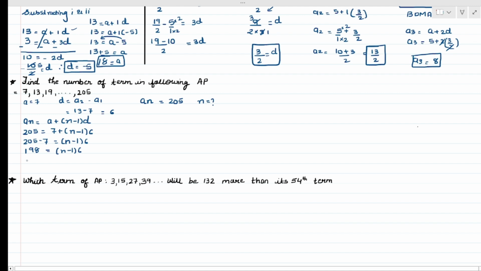Now 6 is in multiplication, so it will go in the denominator. 198 divided by 6 gives you 33, which equals N minus 1. Now this minus 1 goes over there. That means 33 plus 1 equals N. So 34 will be your N. That means in my AP, the 34th term is 205.